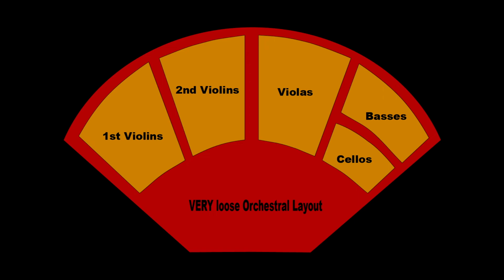Second violins are going to be a little less left, but still to the left. Violas are going to be closer to the middle, cellos, and then basses. So this is the way that we're used to hearing strings when we hear them live. So we want to make sure that we're presenting them that way when we're trying to make someone believe that this is a real string section.